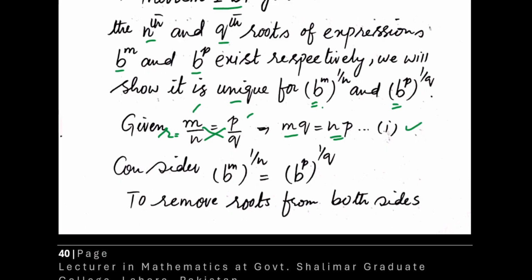Now I will solve the nth root and the qth root of the numbers b raised to power m, b raised to power p. We need to show that these two expressions are equal.